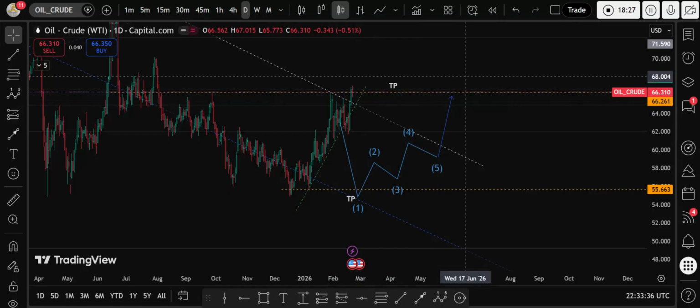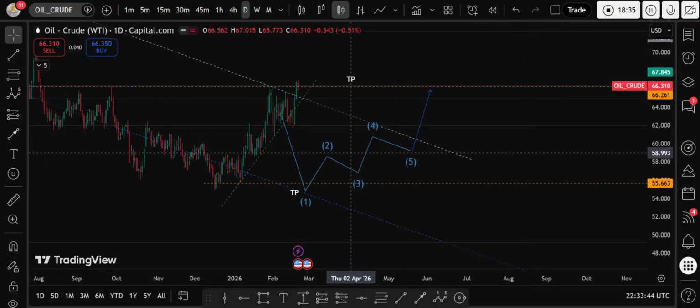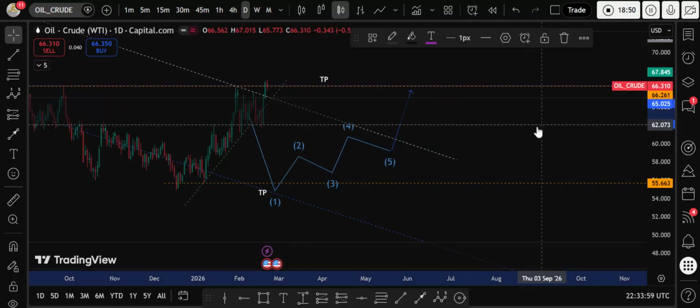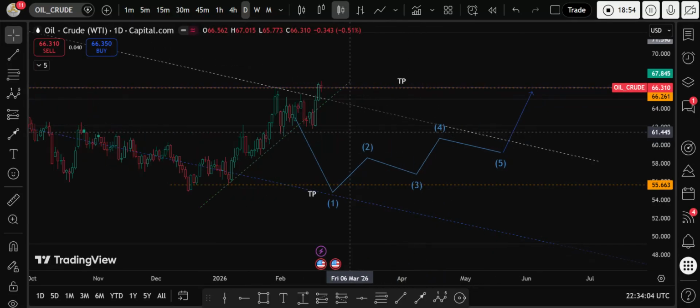Then we count to the second TP, which is 55.663. So I'm expecting this to break down, then it touches the trend line, then we come down to 55.663. Trust me, from next week going, crude oil is going to sell to the downside.